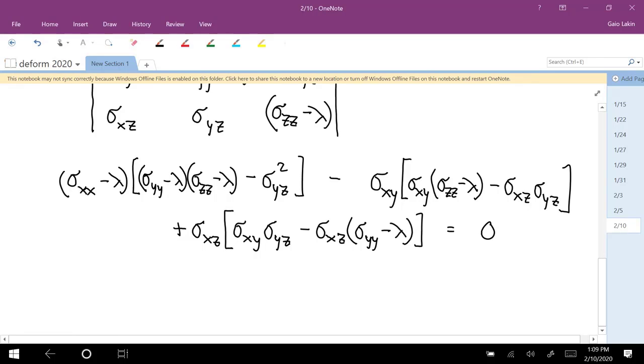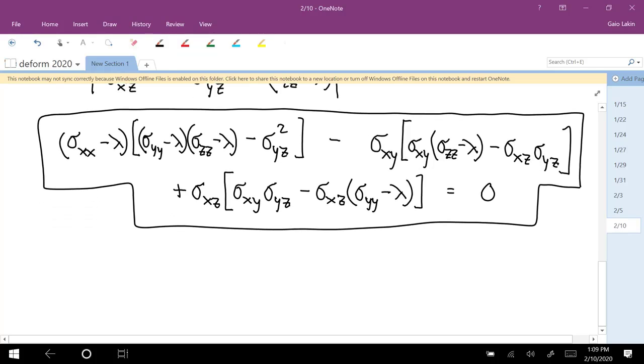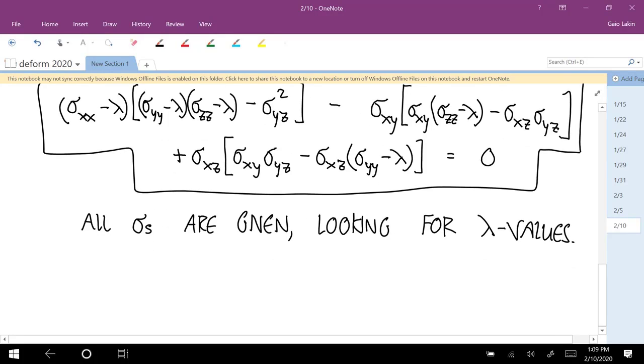Okay, so what does it mean to find the roots of this equation? All the sigmas are given. So we're looking for lambda values. This is a cubic polynomial. So there are 3 roots.